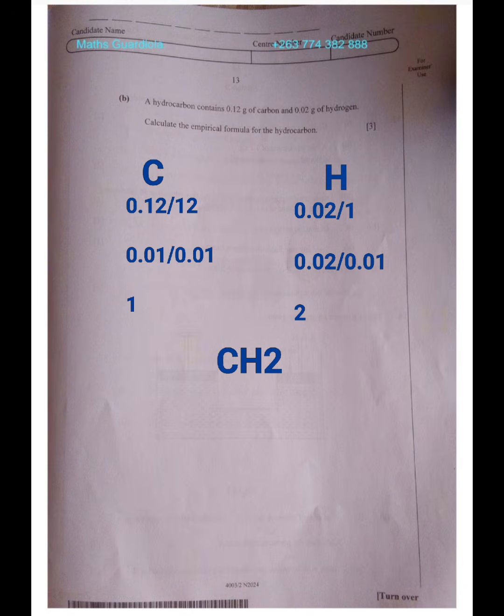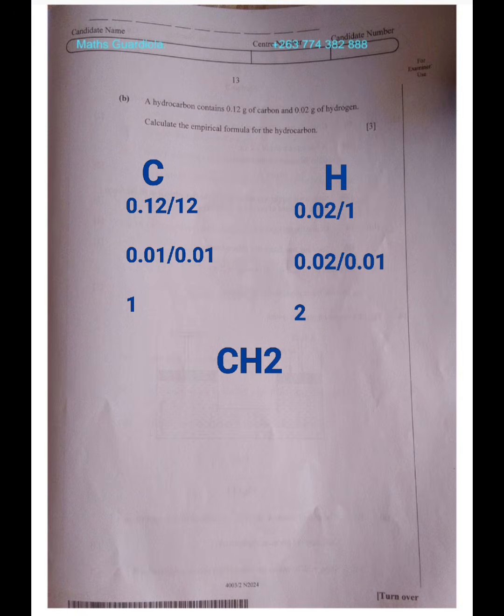After that, we need to divide by their molecular masses. For carbon, it is 12, and then for hydrogen, it is 1. So 0.12 divided by 12, we are going to get 0.01. And then 0.02 divided by 1, we are going to get 0.02.